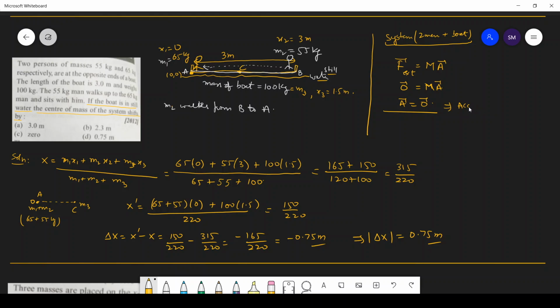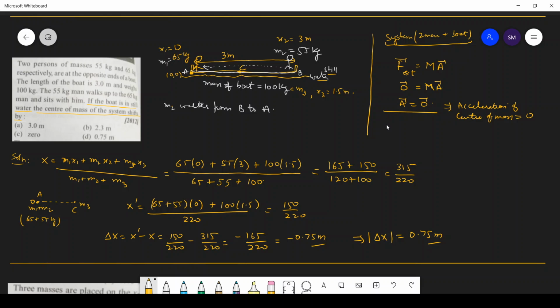So acceleration of center of mass is equal to 0, right? The center of mass was at rest. Yes. So it will remain at rest.